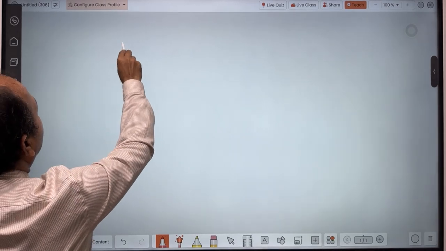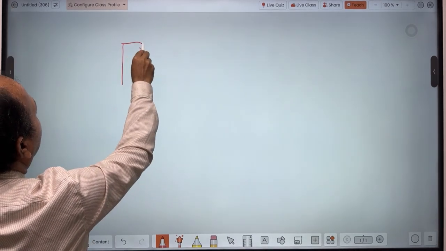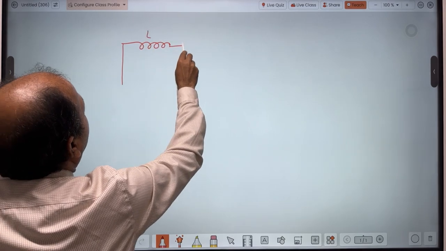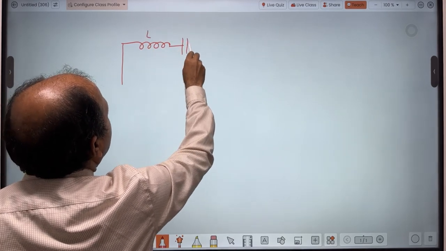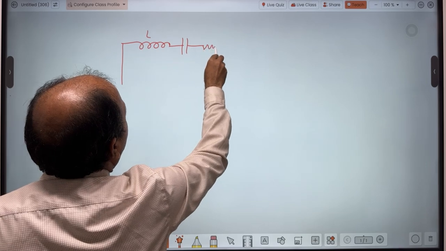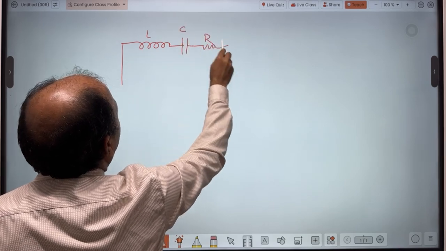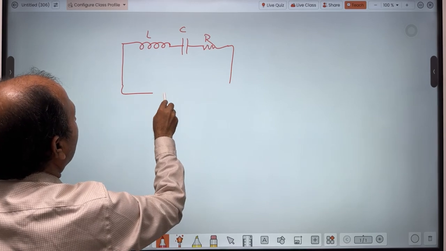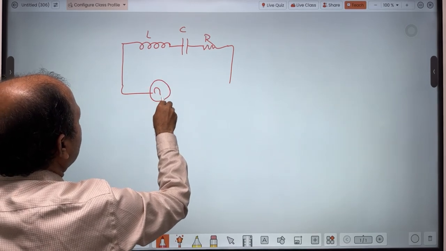So we can draw the diagram here. Suppose this is L, then there is capacitance C, then there is resistance R, right? And this is AC source.